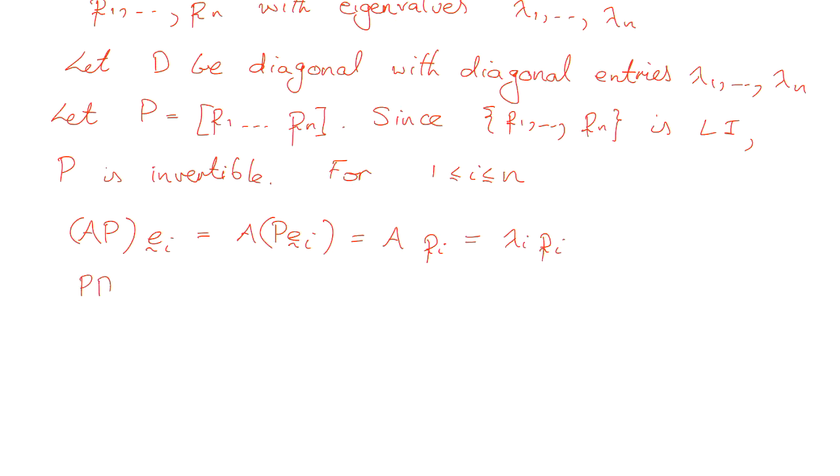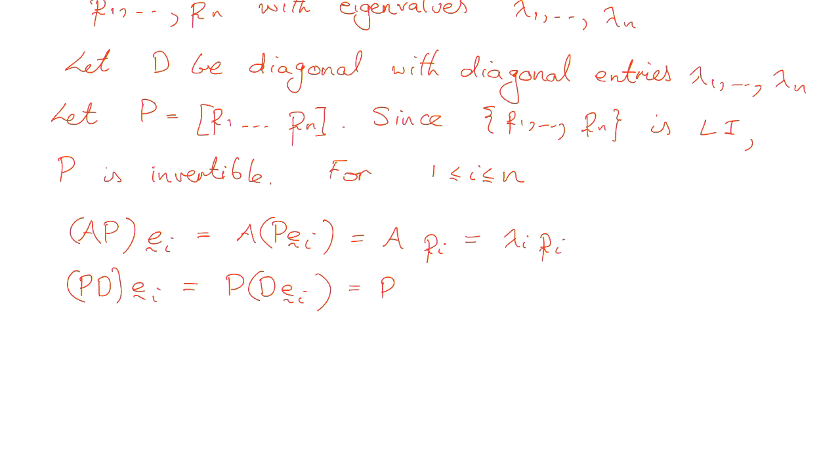And then we can ask the same question: what does the ith column of PD look like? We saw yesterday that D times ei is just lambda i ei, because D is a diagonal matrix, so all of its columns are multiples of ei.